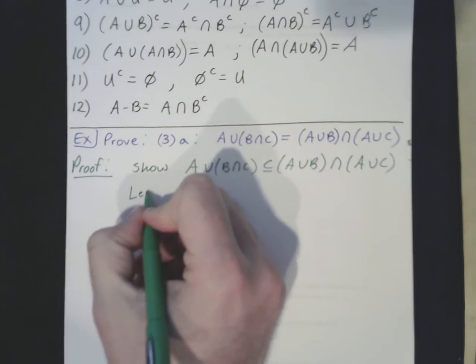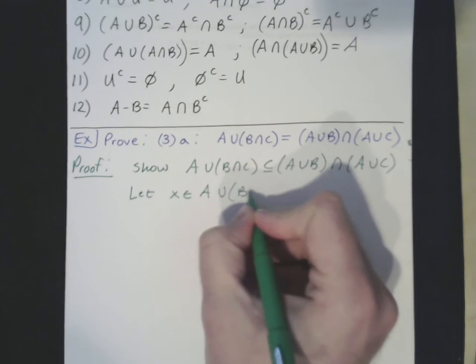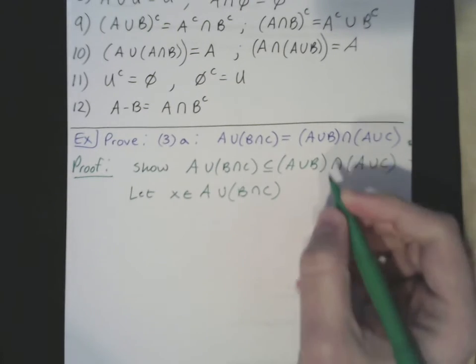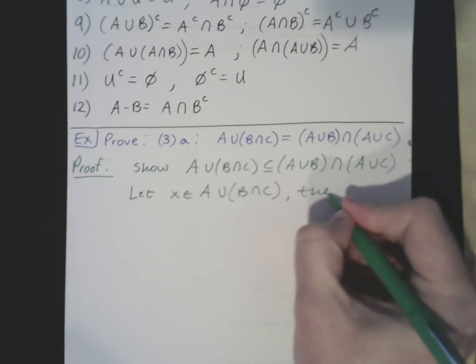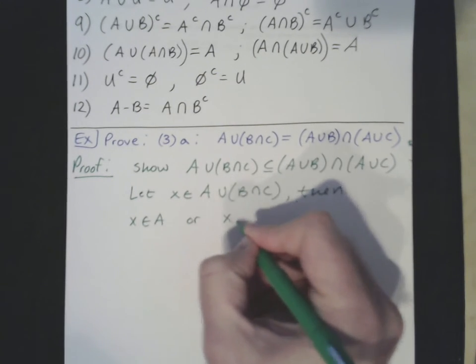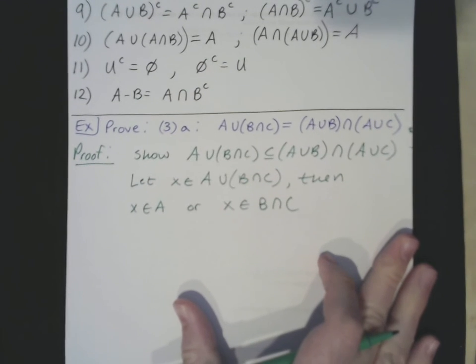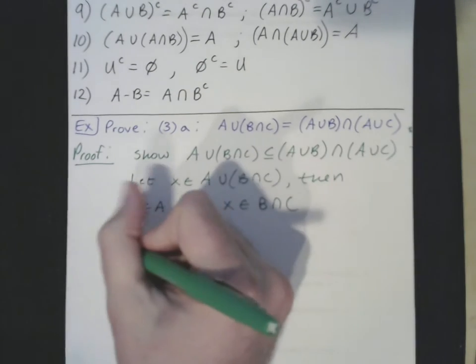So we're going to let X be an element of A union (B intersect C). So then X is in A, or X is in B intersect C. So that means we have cases.